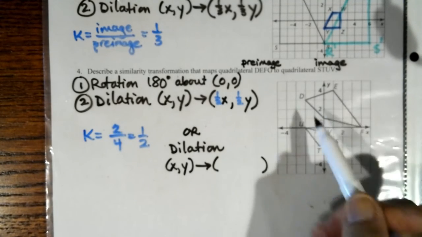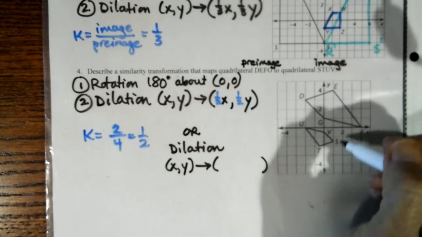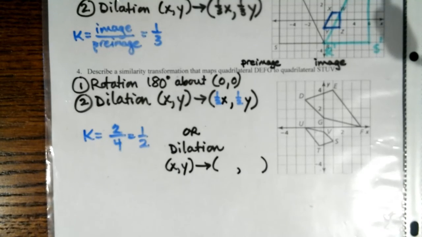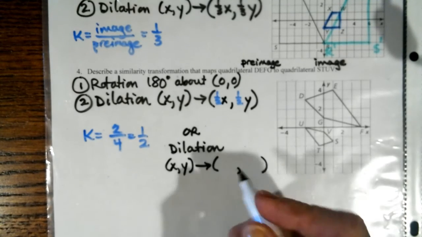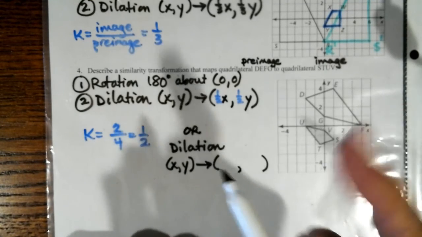In other words, what notation for K did we use yesterday that will rotate it 180 and dilate it at the same time? Does anybody remember? -1/2. Very good.